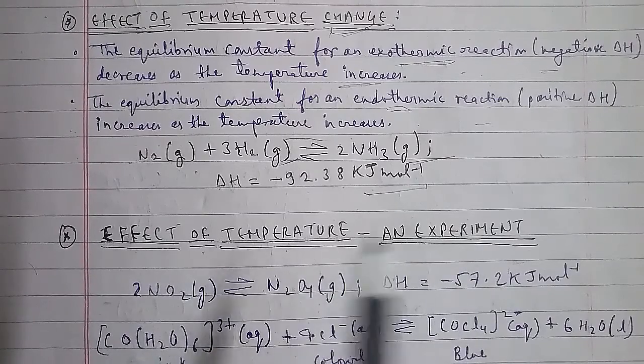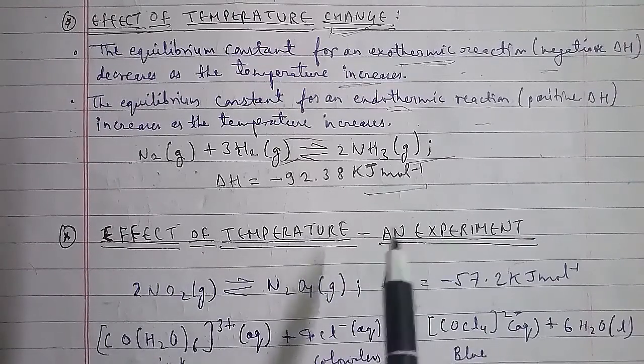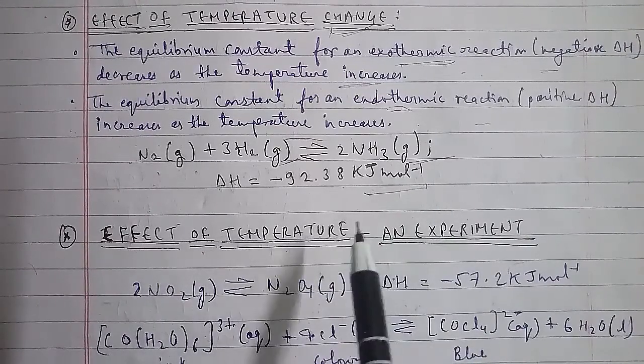So 2NO2 gas gives N2O4 in the form of gas, where the delta H is minus 57.2 kilojoule mole inverse.